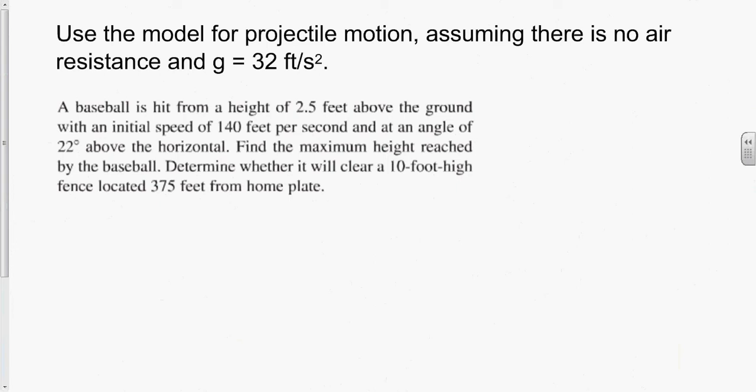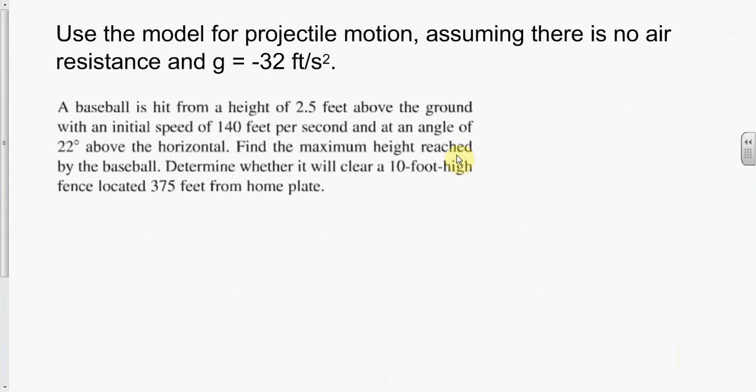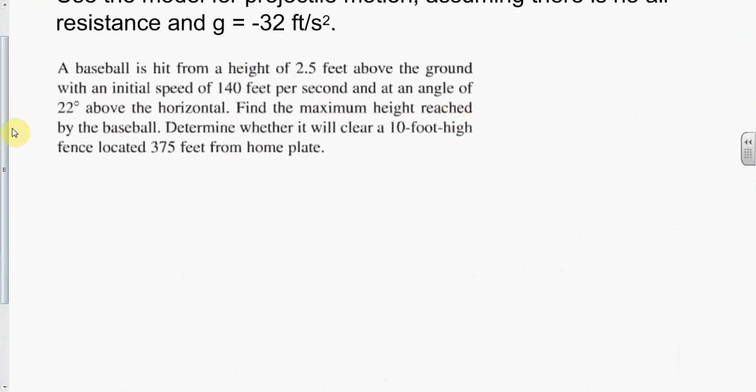All righty. So here use the model for projectile motion, assuming that there's no air resistance, and g is equal to, it's supposed to be negative. So let's list what we have.